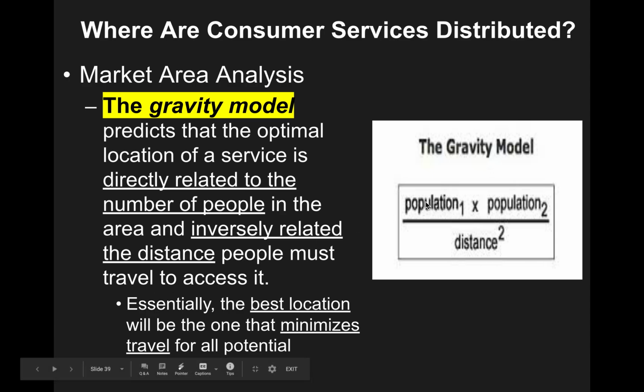The second is the farther people are from a particular service, the less likely they are to use it. So people who live 1 kilometer or mile from a store are more likely to patronize it than people that live 10 miles away. All right, so we want to minimize traveling and also locate near high population densities.